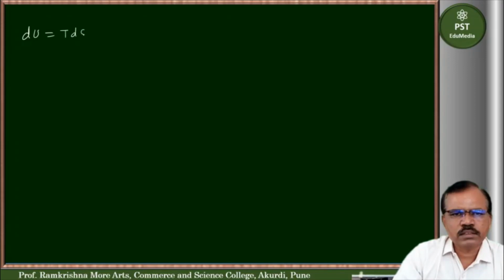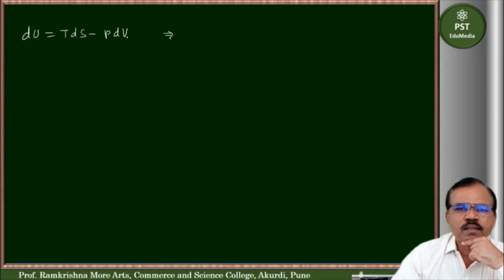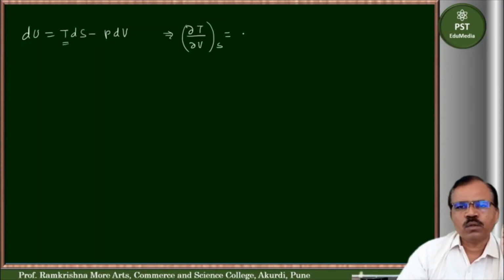I can differentiate M, that is T, with respect to v. So ∂T/∂v, keeping s constant, will be equal to minus ∂p/∂s, keeping v constant.